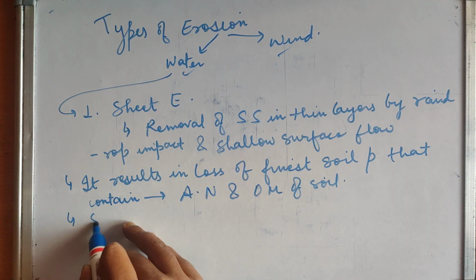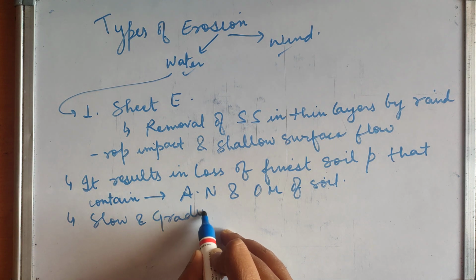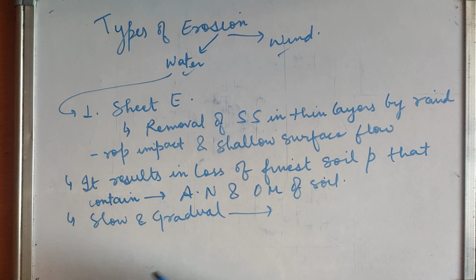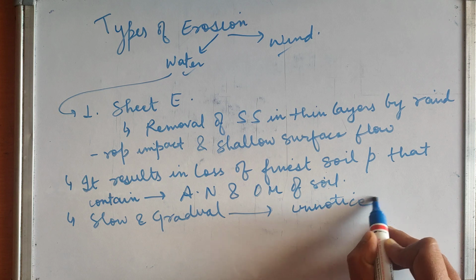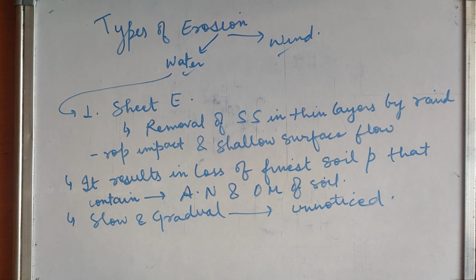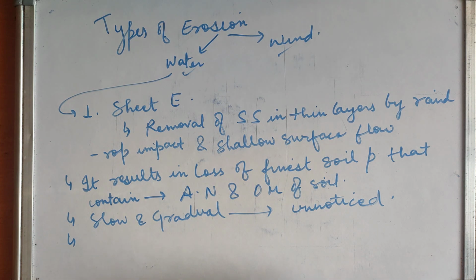It is slow and gradual, and often it goes unnoticed. We are not able to notice this erosion because very thin layers are removed slowly and gradually.